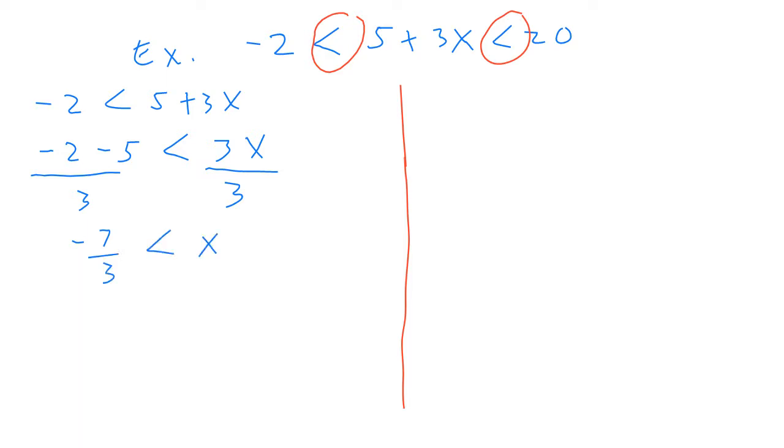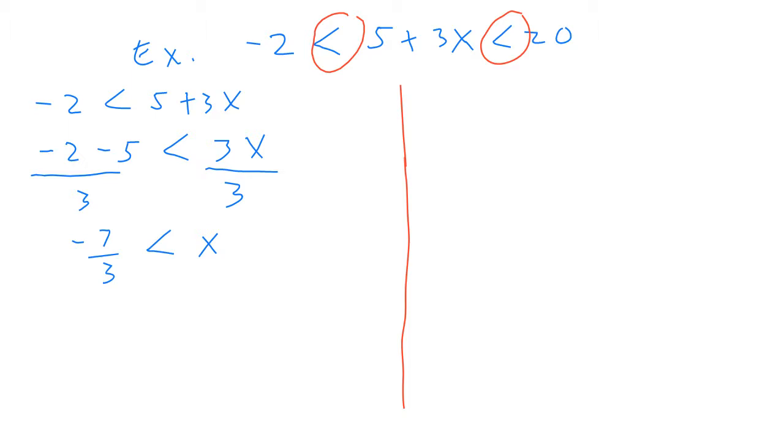Now we're dividing by a positive here, so we're not changing or reversing the symbol. Before, we reversed it because we were dividing by a negative number. So when you divide a negative number or multiply a negative number, the symbol will reverse. So that's the only difference between solving inequality and an ordinary equation, like a linear equation.